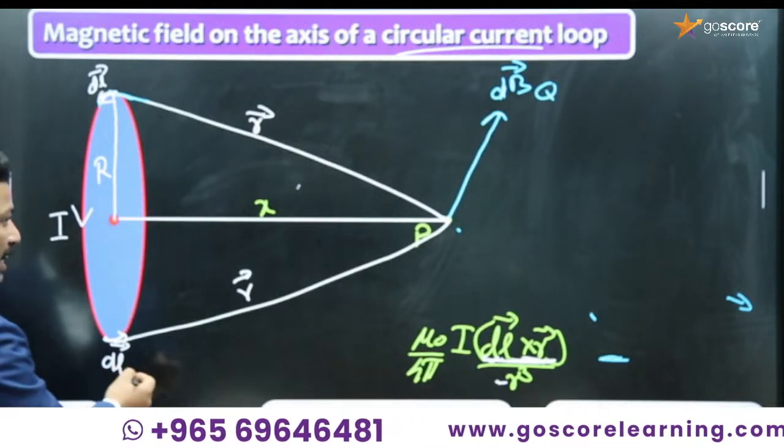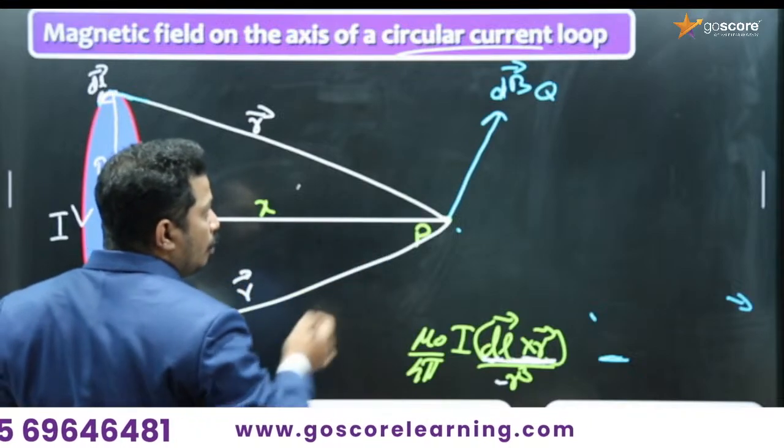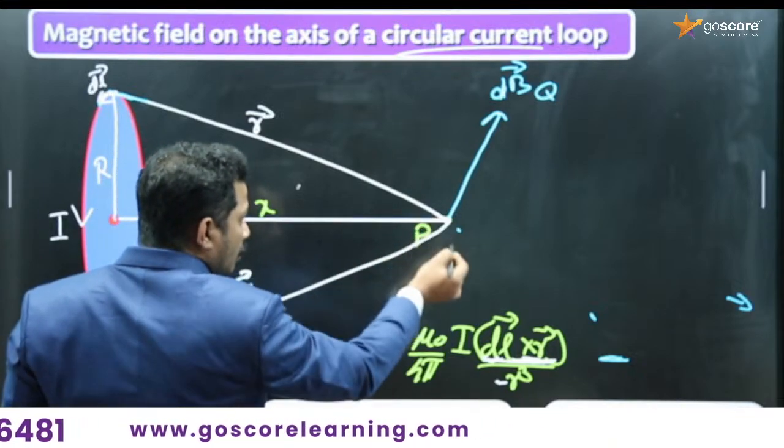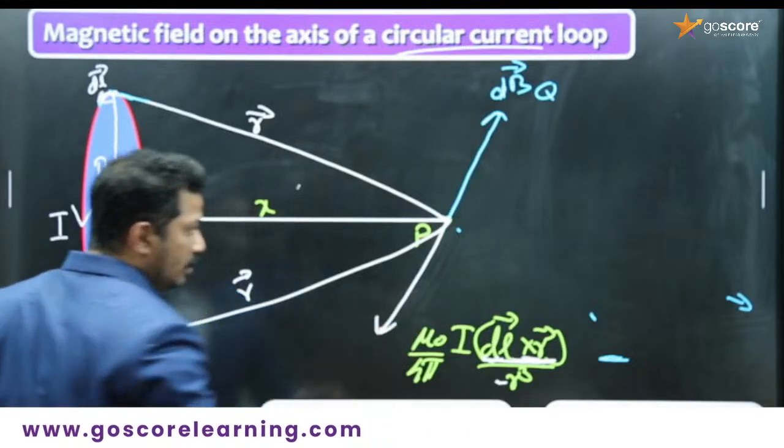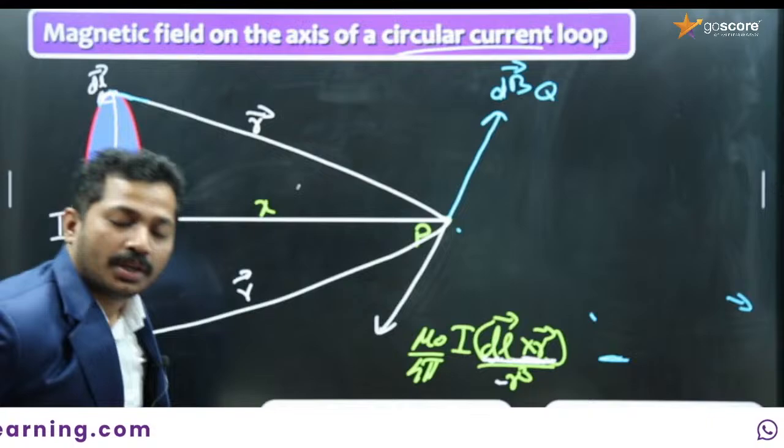So what is the direction of magnetic field here? If you apply the same concept over here, it should be like that, which is opposite to dB. Is that okay?